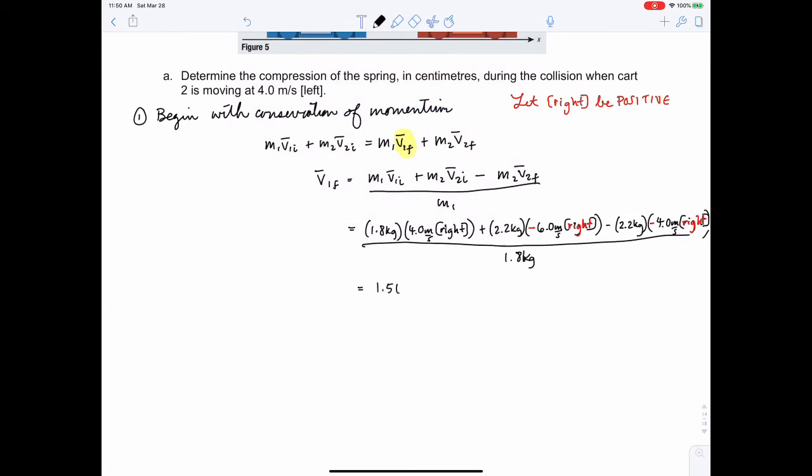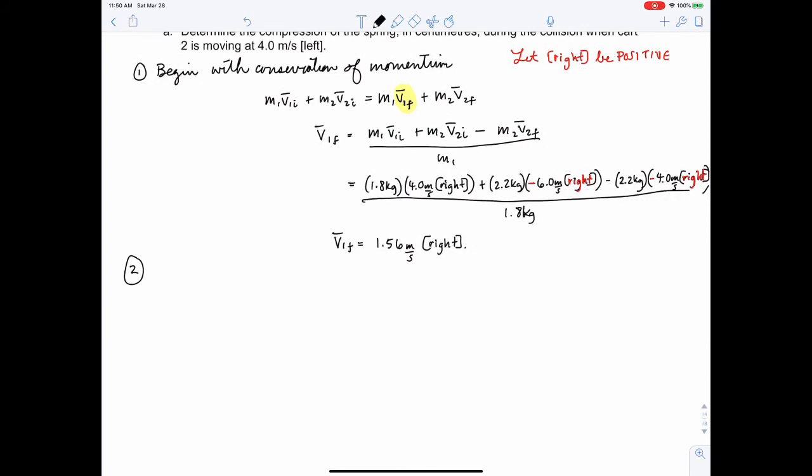If we do, we end up with 1.56 meters per second to the right. I'm keeping an extra digit here just so we can begin the second part. In the second part, we're going to use the conservation of mechanical energy to determine the compression of the spring. We can incorporate this value that we just found, 1.56 meters per second, into the conservation of mechanical energy.